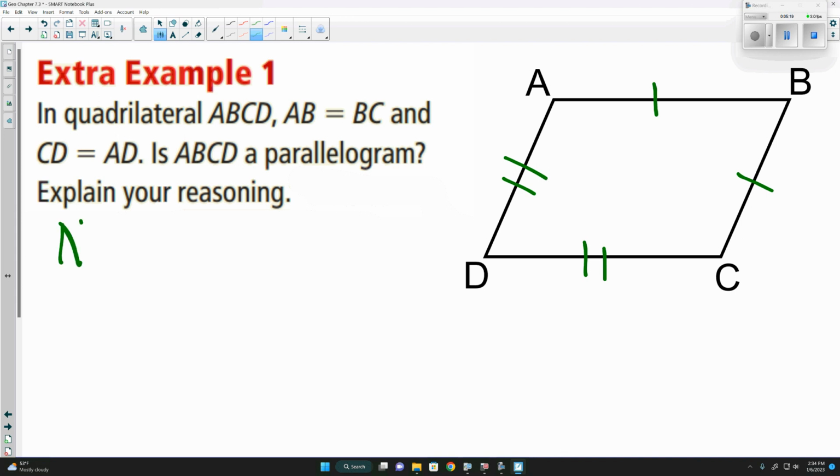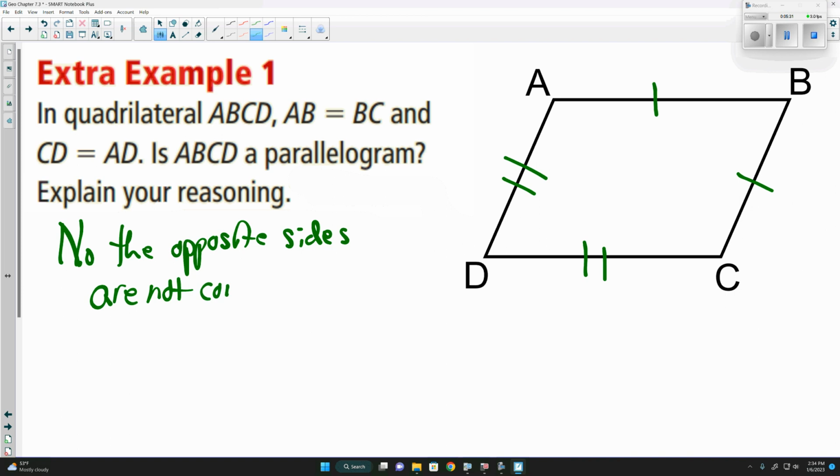No. The opposite sides are not congruent. No, because we need the opposite sides to be congruent for us to be able to say that it is a parallelogram.